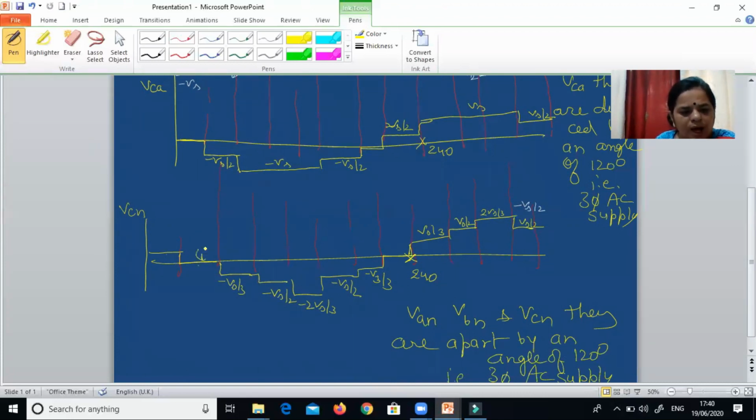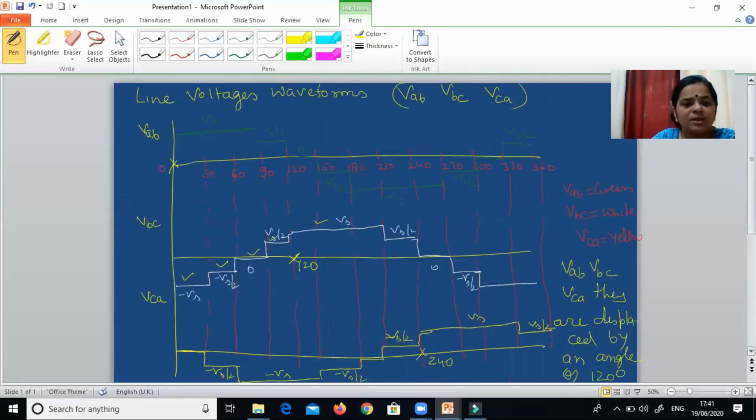So 1, 2, 3, 4, 5, 6, 7. So the phase voltages have 7 levels, and we get 7-level waveforms, whereas for the line voltages we get a 5-level output.